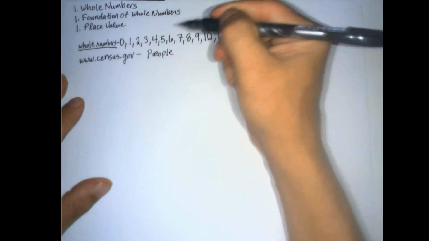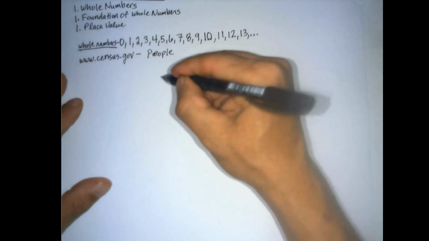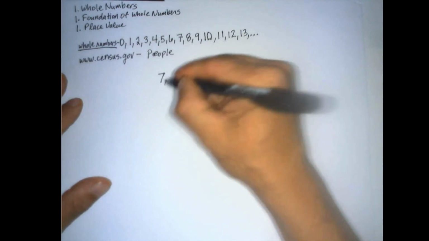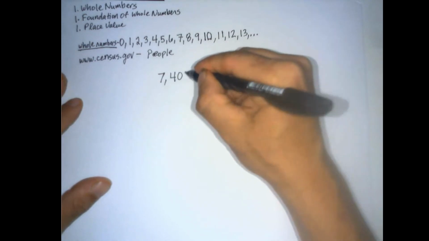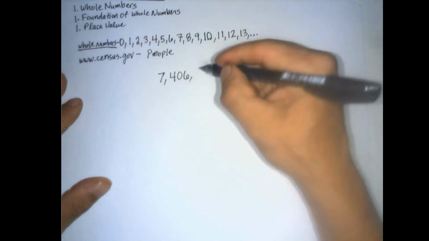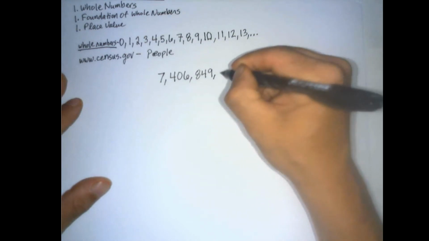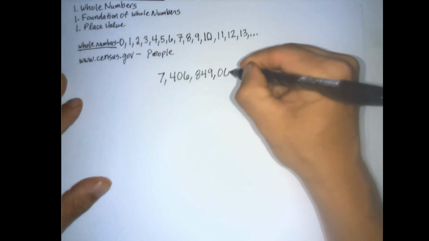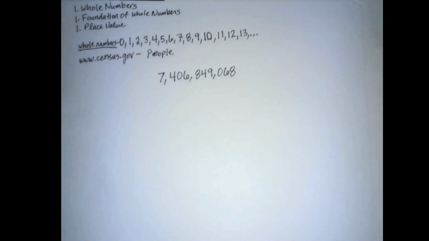And the population clock will come up. It'll give you the U.S. population and the world population. And what we're going to look at is the world population. And this number is increasing very rapidly. So we have a very large number here.